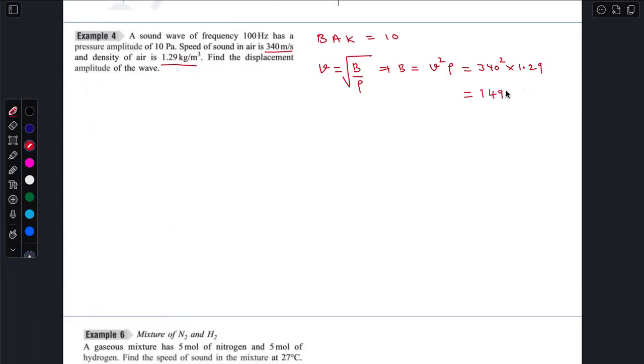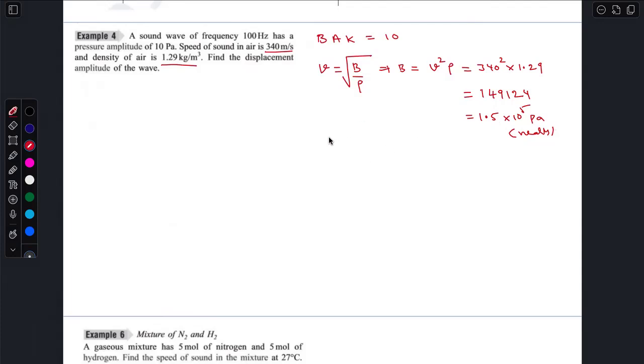That is B, nearly 1.5 times 10 power 5 Pascal. Units is Pascal, for bulk modulus.